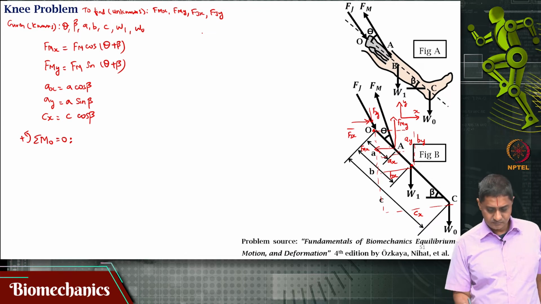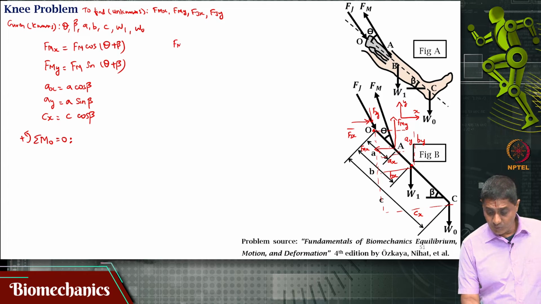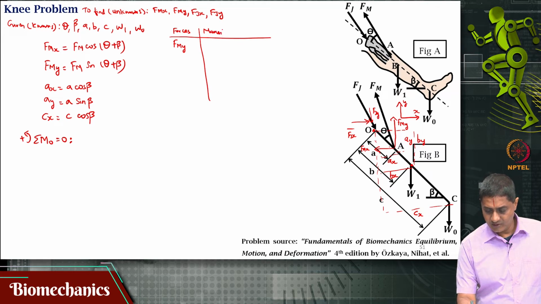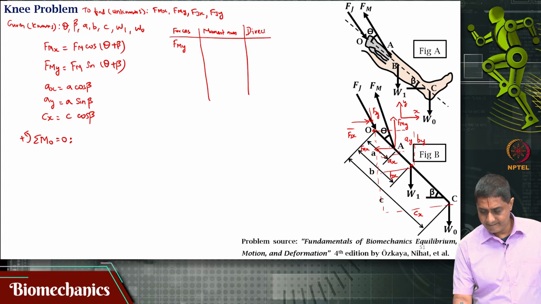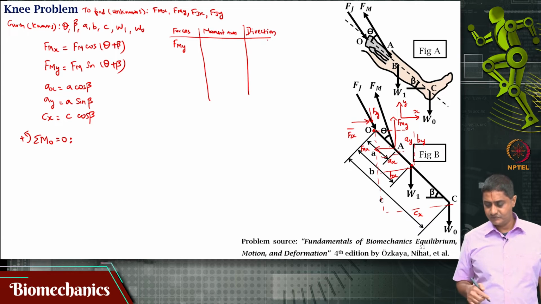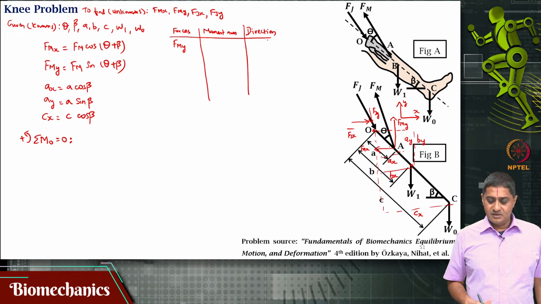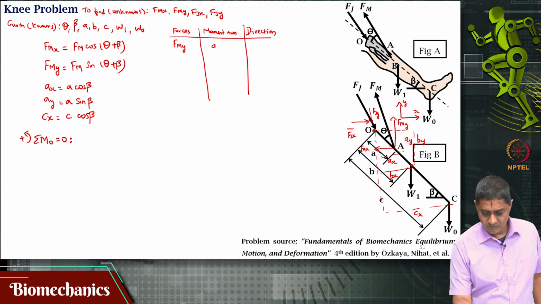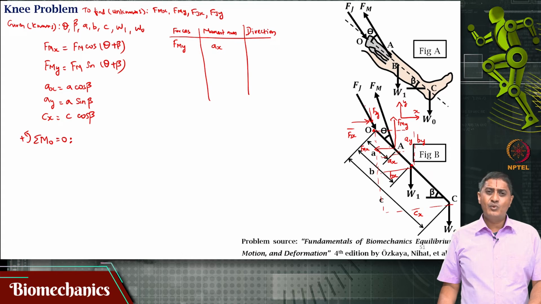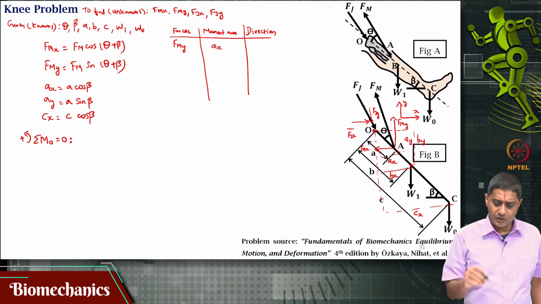Fmy can cause a moment, and its moment arm is Ax, and Fmy has a tendency to cause a rotation in the counterclockwise direction.